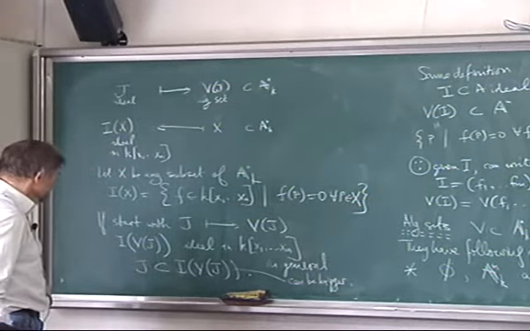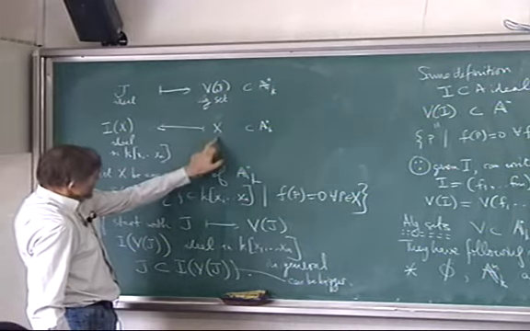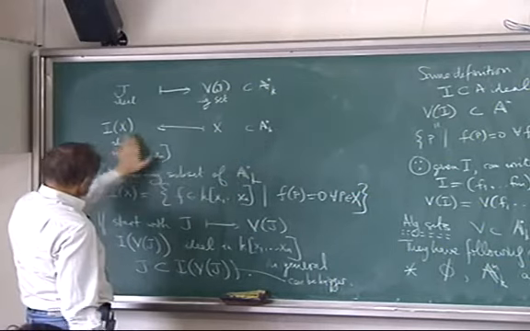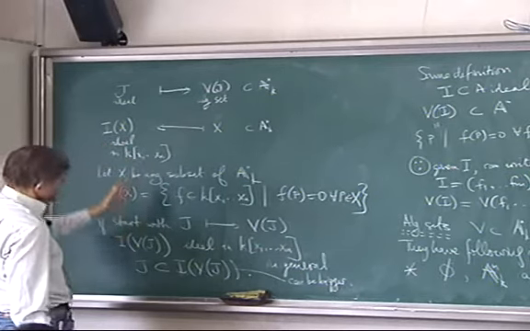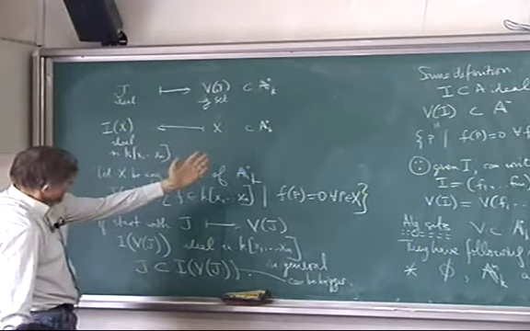So when is it bigger? I can say the same thing here. I can start with a set in AN, take it forwards to I of X, take it backwards to get the set of polynomials that vanish on that set, and then take it forwards again.